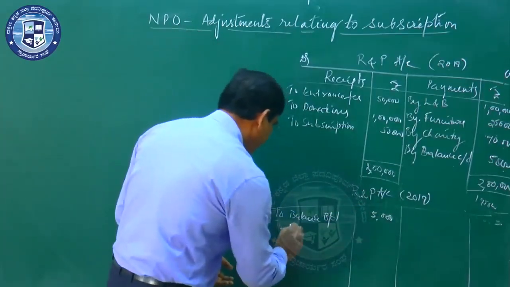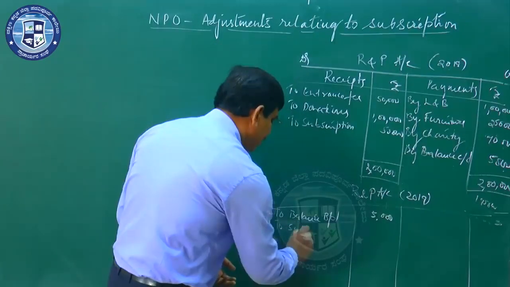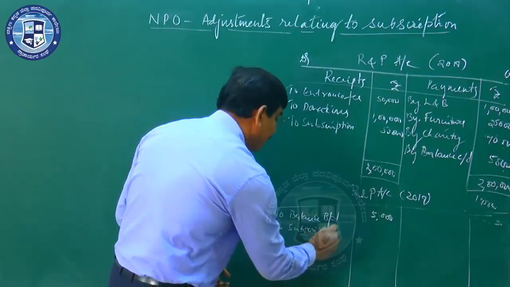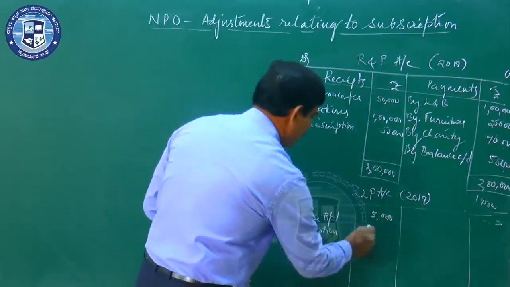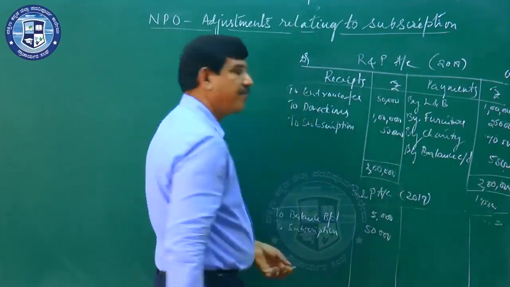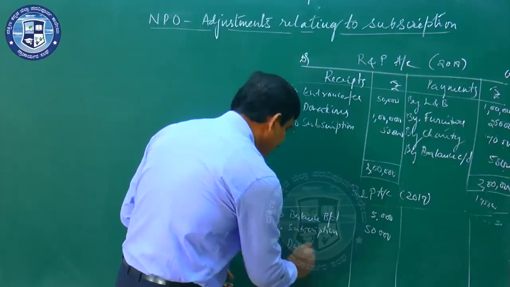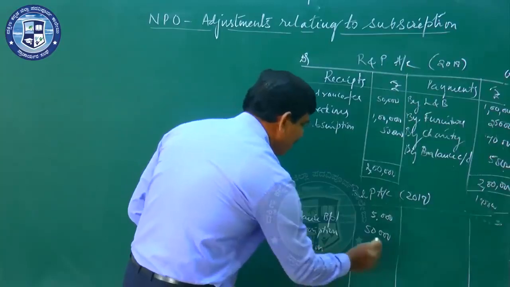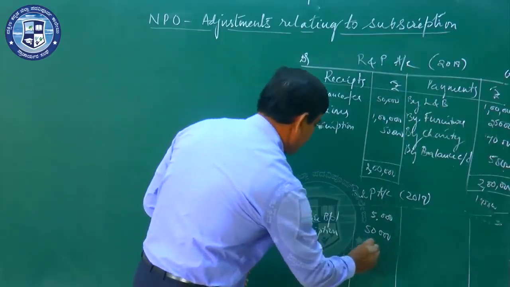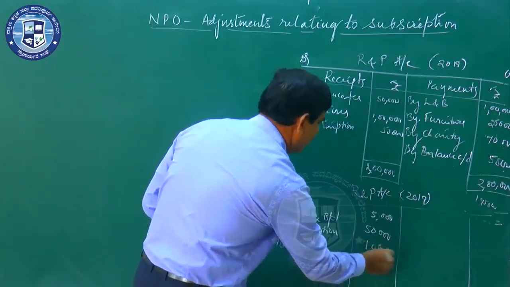Let's assume that there are subscriptions of rupees 50,000, and there will be a donation of 70,000 rupees.